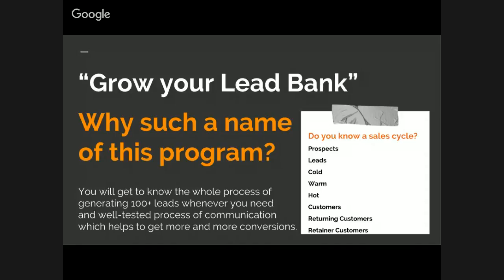Over here, you have to do prospecting. From there, whoever replies to you may be a lead. This lead you can divide, make a bifurcation into cold, warm, and hot segments. The hotter the lead, the more likely it is to get sold, to get converted.